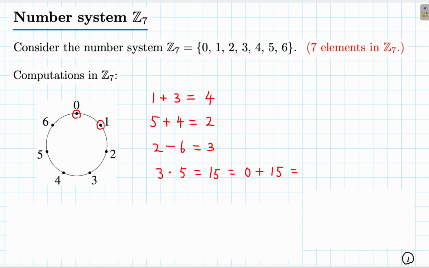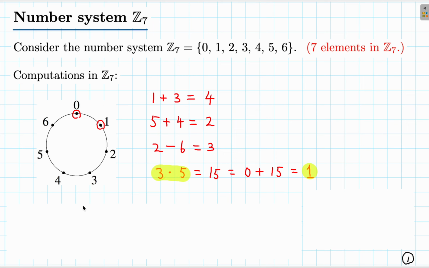So after 15 units going clockwise, we ended up at 1. So we conclude that 3 times 5 is equal to 1 in Z7.